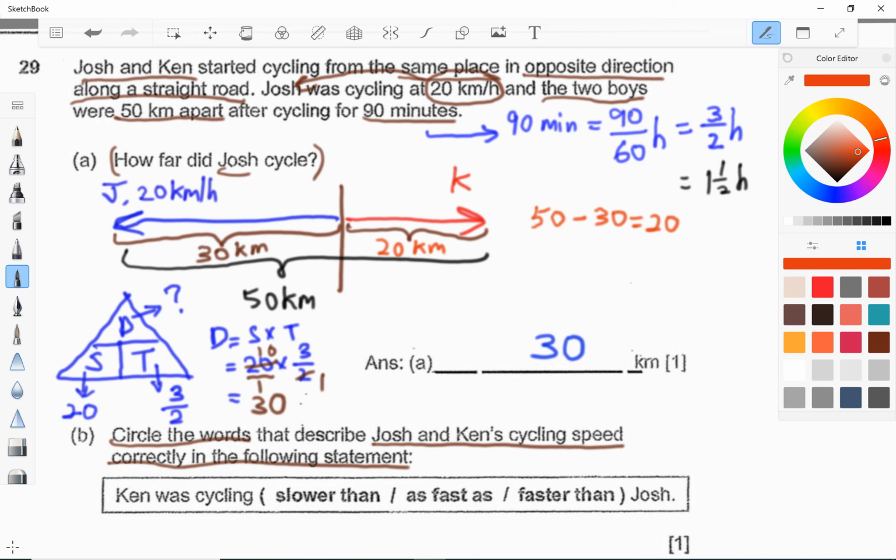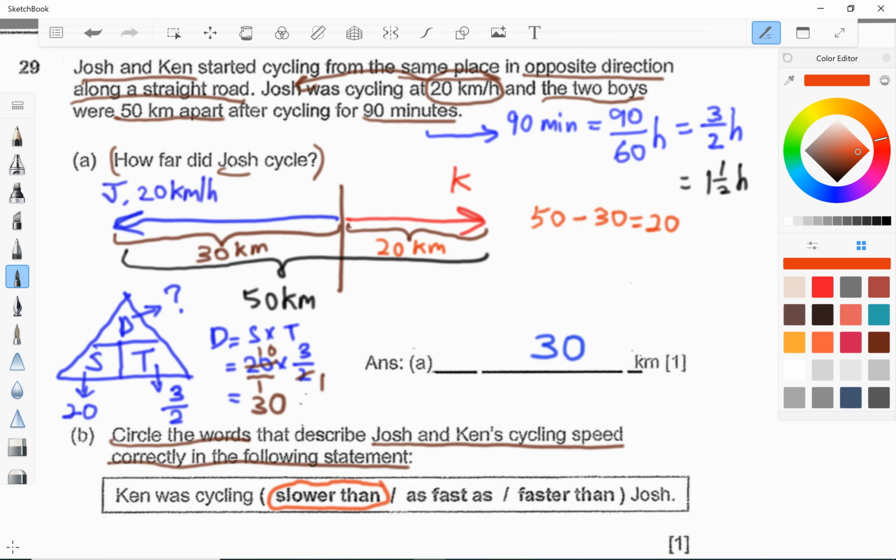So based on logic, Josh traveled further than Ken, so Josh must have traveled faster. And if Josh traveled faster, this means Ken must be cycling slower than Josh. So I will circle slower than. That has to be our answer.